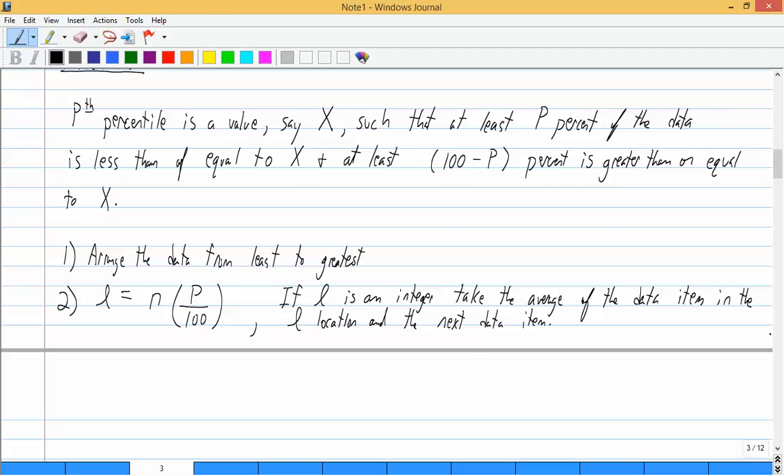If we don't get an integer, so if L is not an integer, round L up, not just round L, round L up to the next integer, or the next greatest integer.